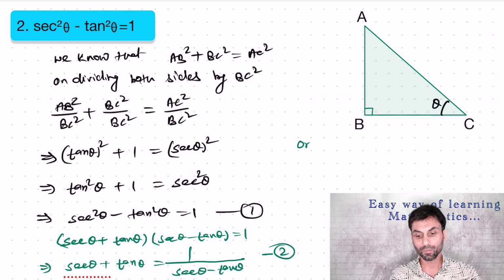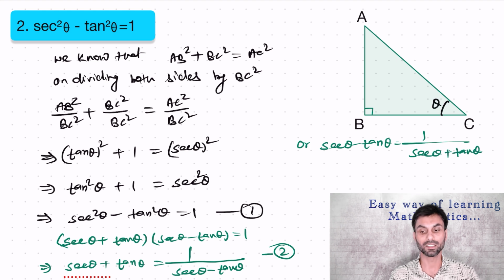Or also we can write sec theta minus tan theta equals 1 upon sec theta plus tan theta. So what we understand here is that sec theta minus tan theta and sec theta plus tan theta are reciprocals of one another. That means if I know the value of one, we can find the other.